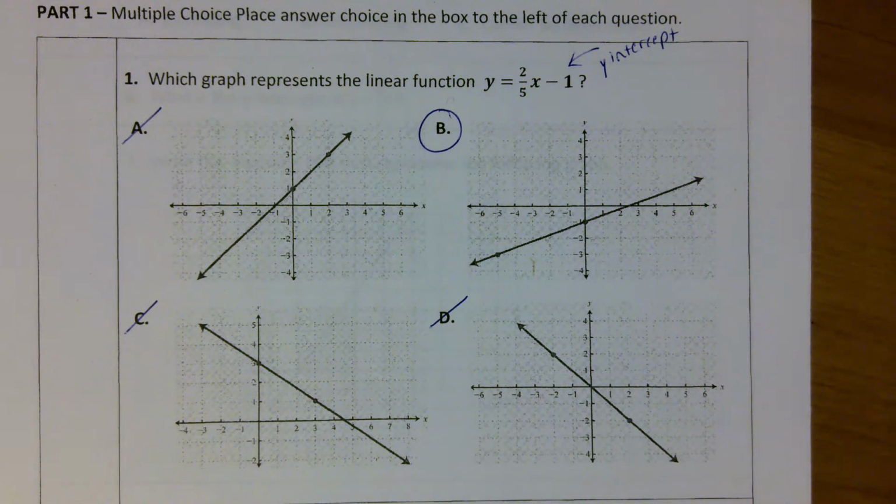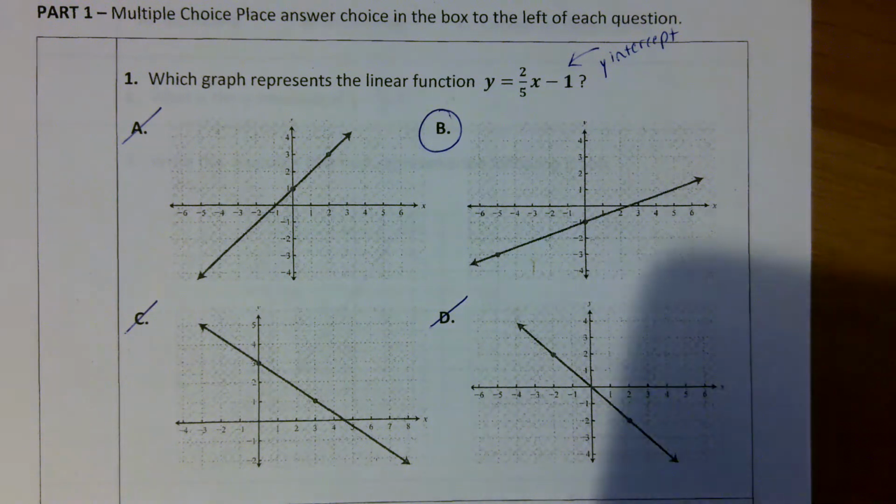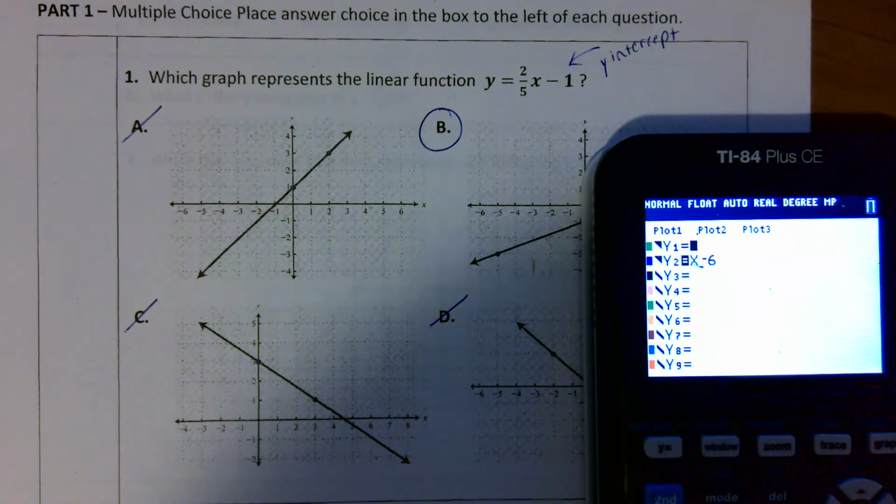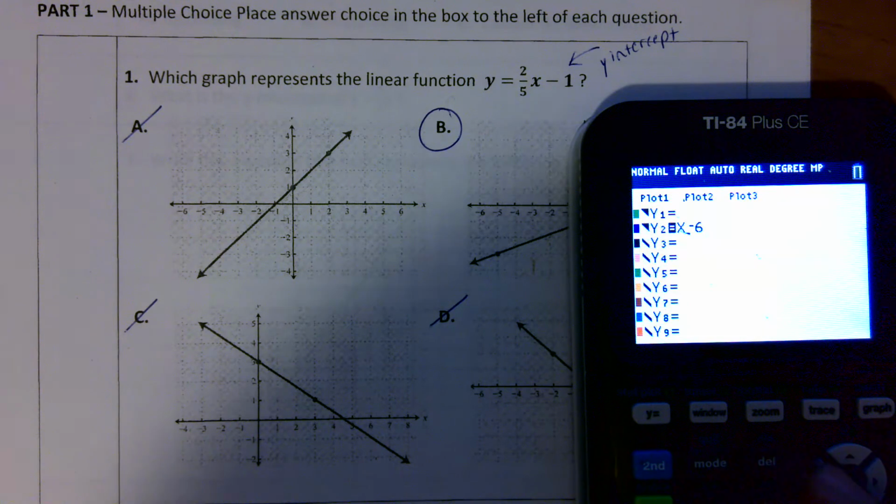What you can also do is take your calculator, go to y equals. Okay, I need to change something on my calculator first, so bear with me.